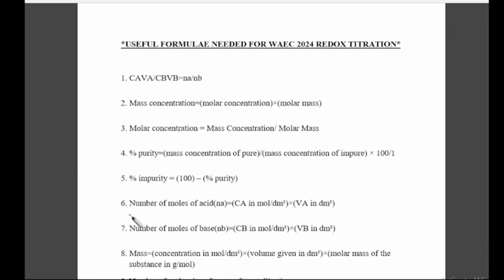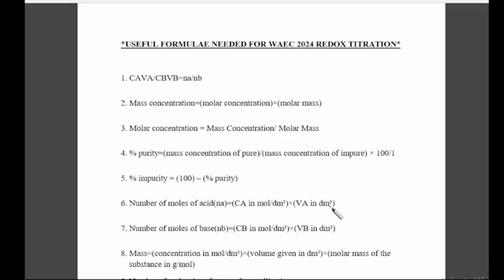And then looking at number 6 there. Number 6 says number of moles of acid, that is NA. The number of moles of acid equals CA in moles per dm cube times VA in dm cube. The CA is the concentration of the acid in moles per dm cube, that is the molar concentration, while VA is the volume of the acid in dm cube.